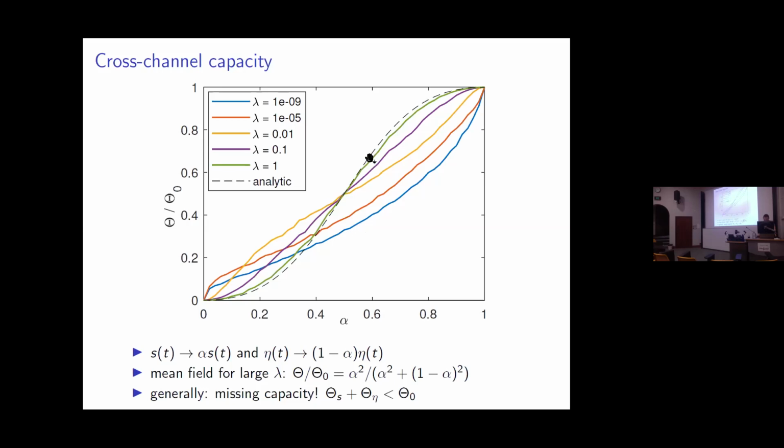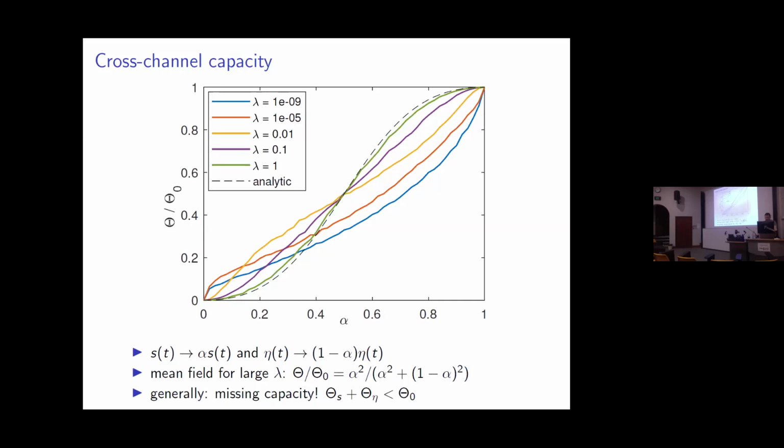The strong regularization curve can actually be explained by a simple mean field model. The mean field model considers just a single mode responding, the most powerful principal component or something like this. So some particular direction in phase space that carries the most signal power. The assumption is just that this mean field consists of alpha S of t plus 1 minus alpha eta of t. That's the entire mean field approximation.